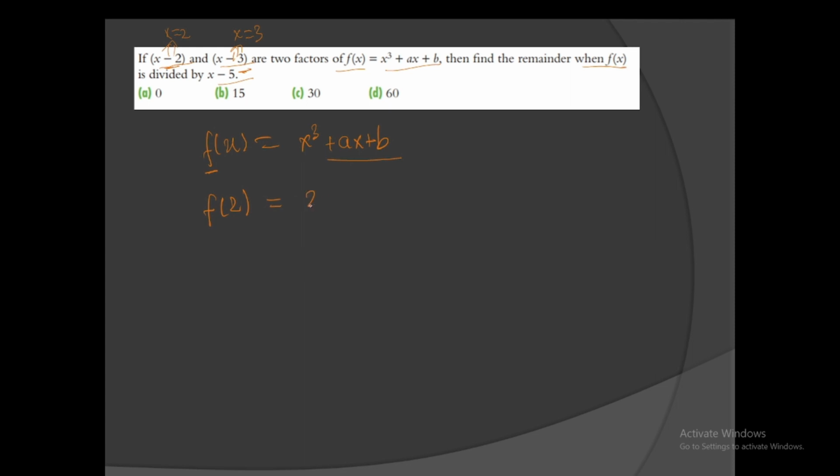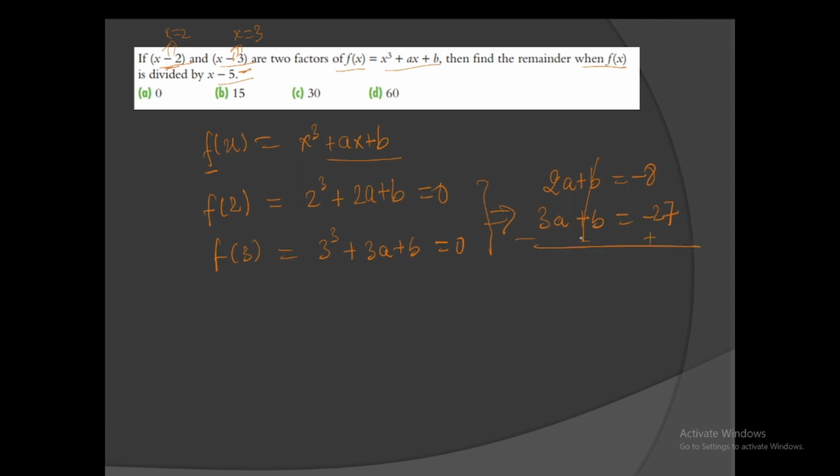F of 2 will be 2 cube plus 2a plus b equal to 0, and f of 3 will be 3 cube plus 3a plus b, right? So from here we get that 2a plus b is minus 8 and 3a plus b is minus 27. So we will subtract it. This will get cancelled. It will be minus a equal to 19.